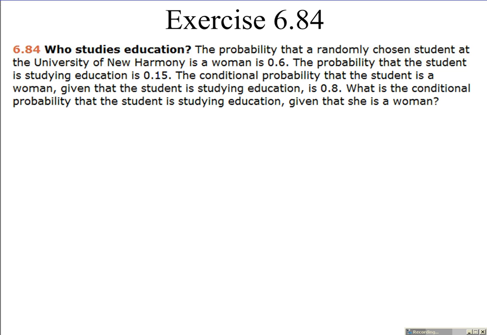So let's sort through some of this. Probability of a woman is 0.6. Probability that they are studying education, 0.15. Probability that we have a woman given that they are an education major is 0.8.